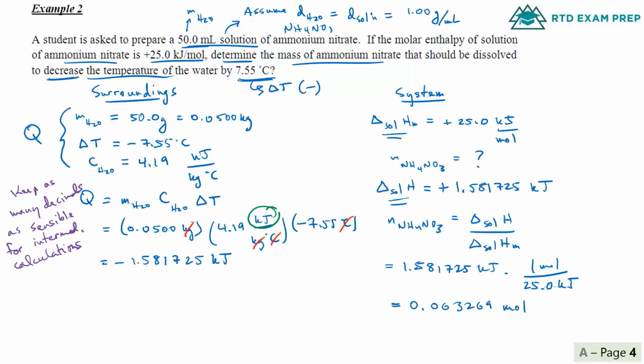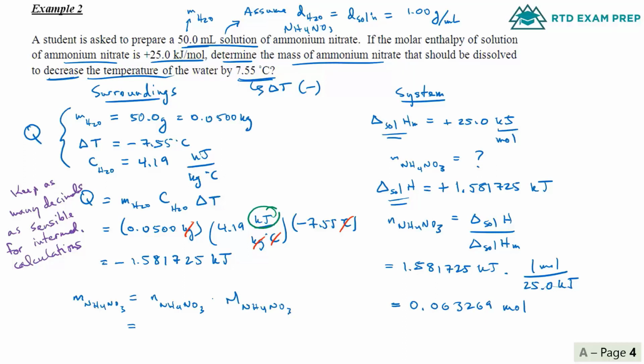And now finally, we're going to determine our mass of ammonium nitrate. Okay, we're simply going to take our moles of NH4NO3 and multiply it by the molar mass of NH4NO3.